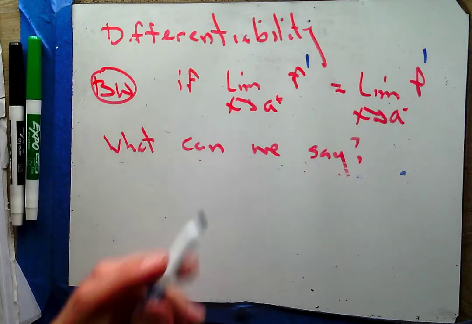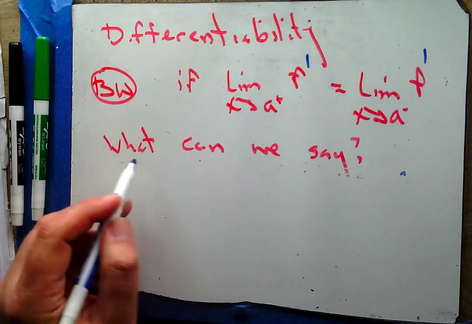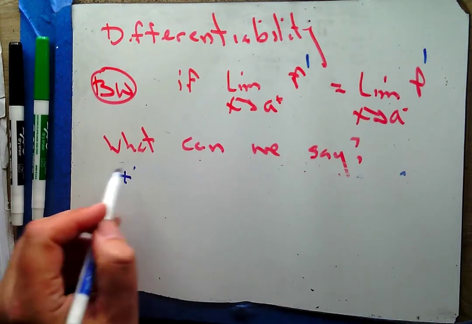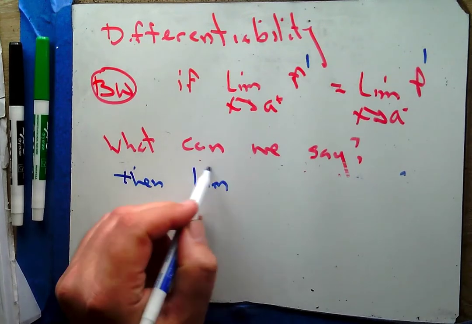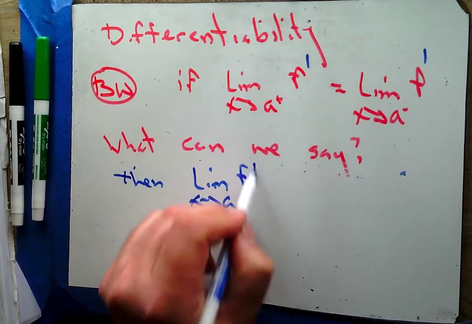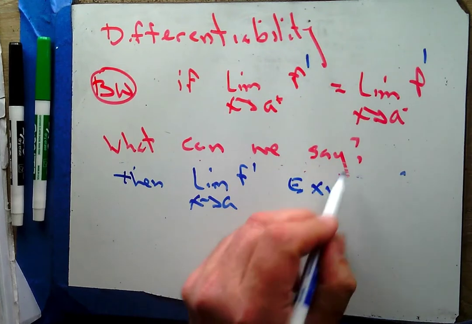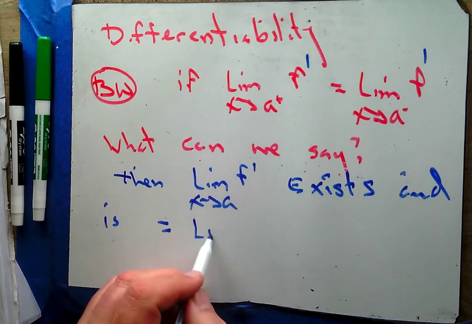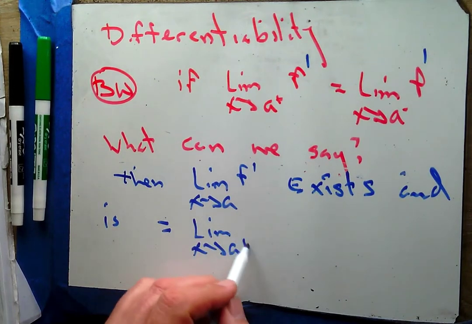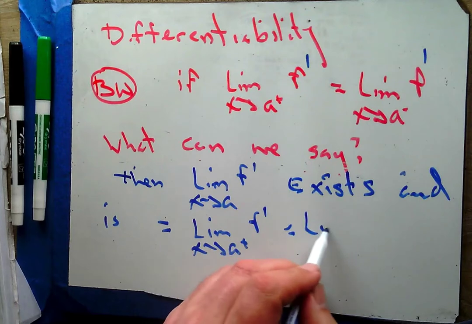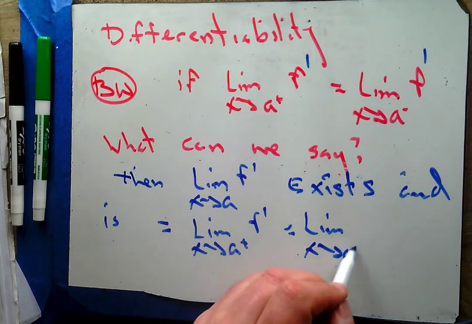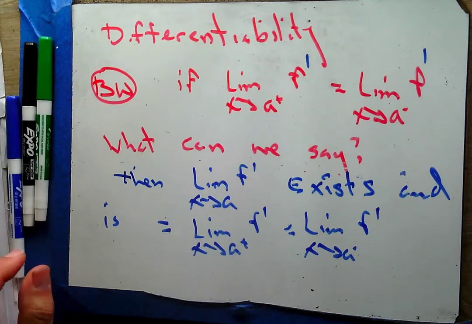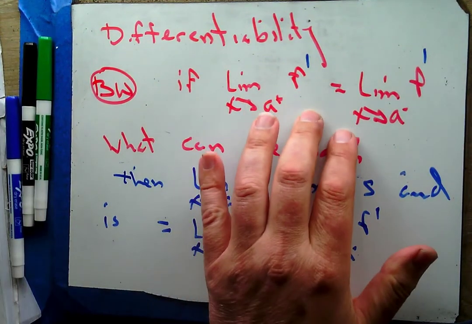Okay, so like the last problem, I could say, well, if these are equal to each other, then the limit as x approaches a of f prime exists and is equal to the limit as x approaches a from the positive side of f prime, which is equal to the limit as x approaches a from the negative side of f prime. Well, what does this actually mean? What does this notation mean?